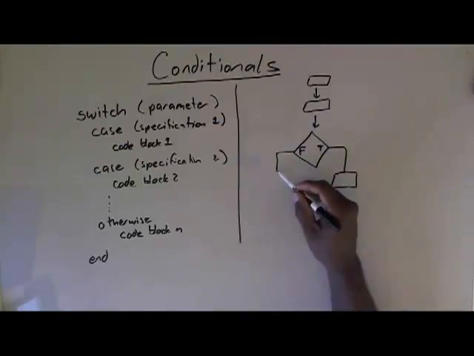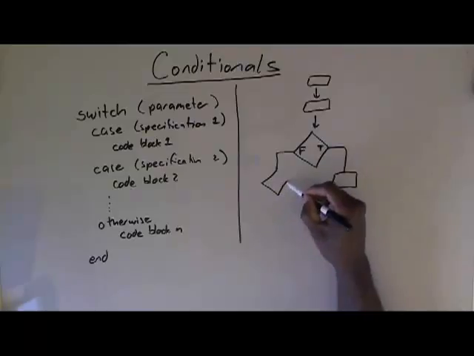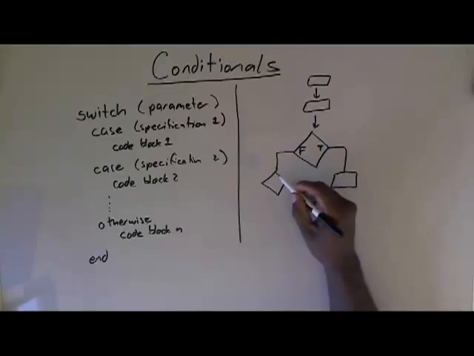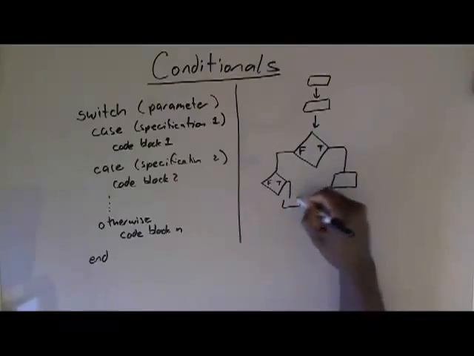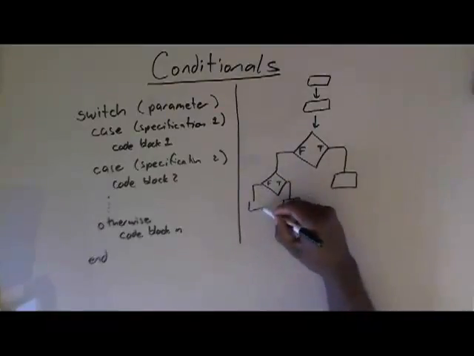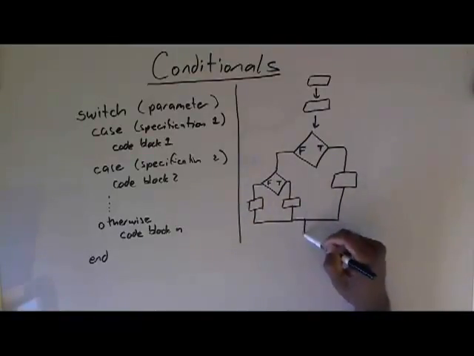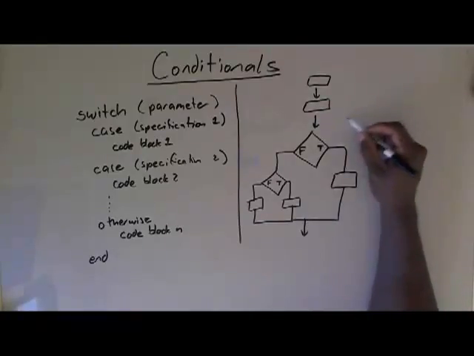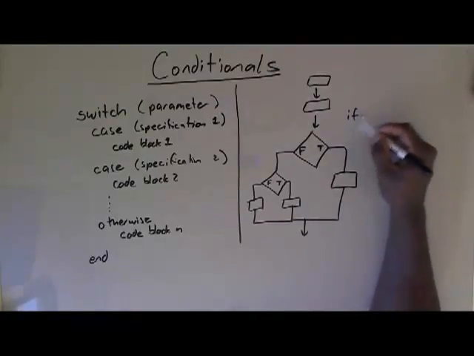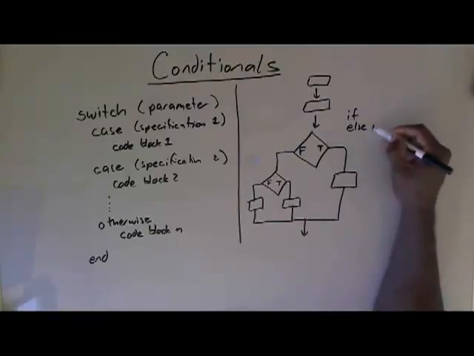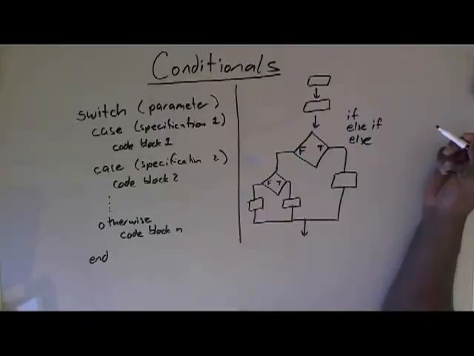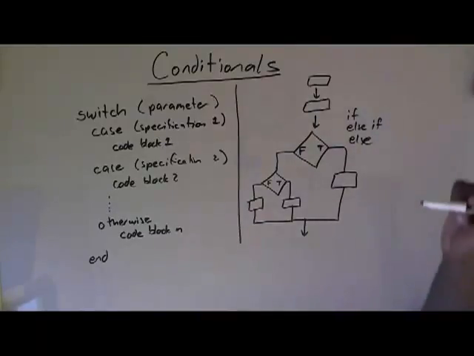And then you could also, if you did the else if, do another one here. And on the else part, you could do one there. So this is sort of a general if else construction.